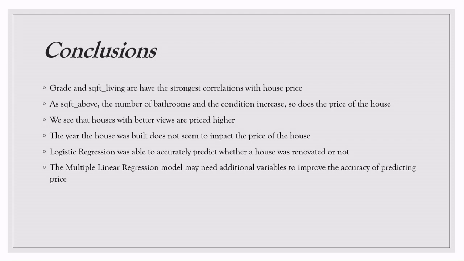And houses with views tend to command higher prices, yet the age of the house does not seem to have a significant impact. And as far as models go, our logistic regression model was about 96% accurate in determining whether our test data was renovated or not. However, our multiple linear regression model might benefit from additional variables in helping explain the variation in housing prices.